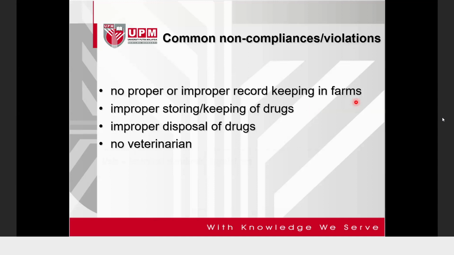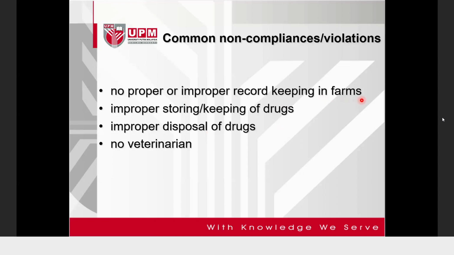And nowadays, they should keep track of the antibiotics, especially antibiotics, because antimicrobial resistance is a global threat, right? So each and every one now has to keep records, especially of the usage of antibiotics in their farms, which previously they didn't have any record of.